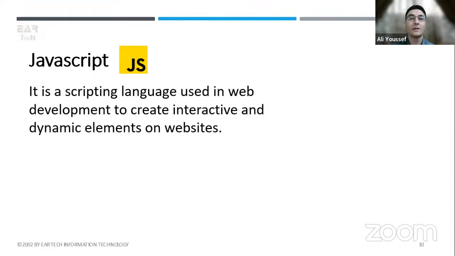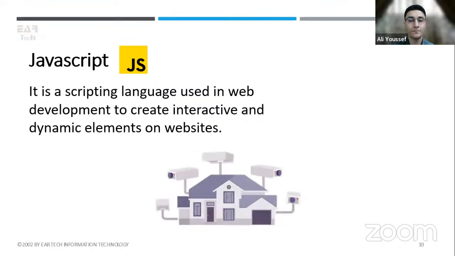The last building block web developers use is JavaScript. It is a scripting language used in web development to create dynamic elements on web pages. You can actually think of it like the lighting system or the security system in any building.